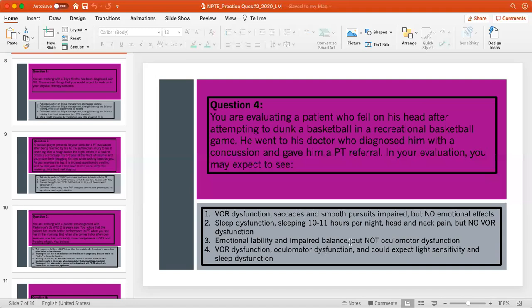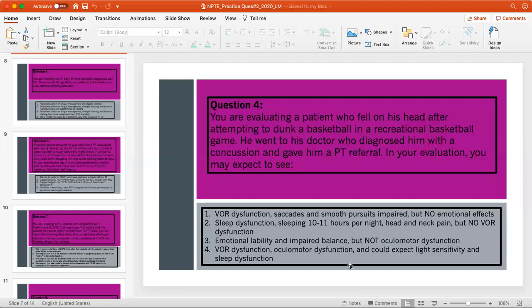And then some of the physical impairments that I could see, again, are going to be based on the area of the brain that's affected, but you could probably expect to see some frontal lobe dysfunction. In other words, we said emotional dysfunction, sleep dysfunction, but also vestibulo-ocular dysfunction is very common. And so oculomotor dysfunction for 3, you could expect to see.